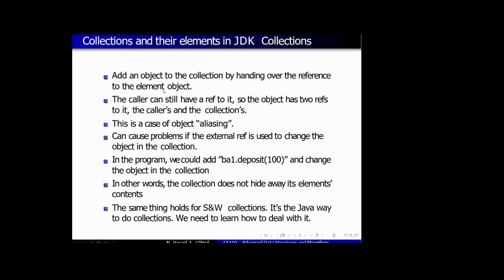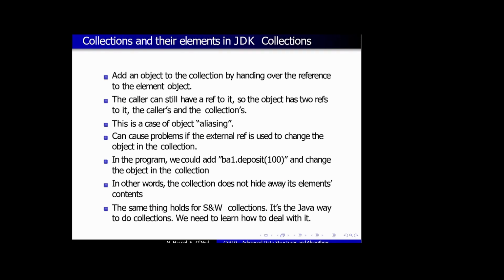Okay. So the object itself doesn't really disappear. We could still have a reference to the object while it's in the collection. So we call this object aliasing when you have two references to the same object. And it's well known to be somewhat dangerous. Another question?